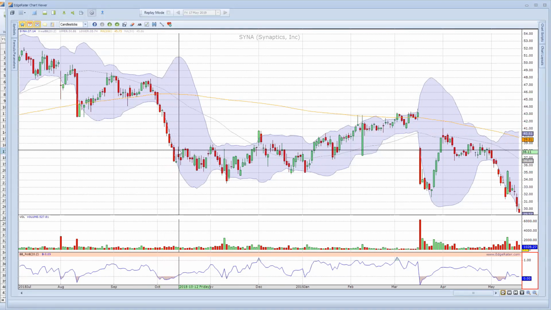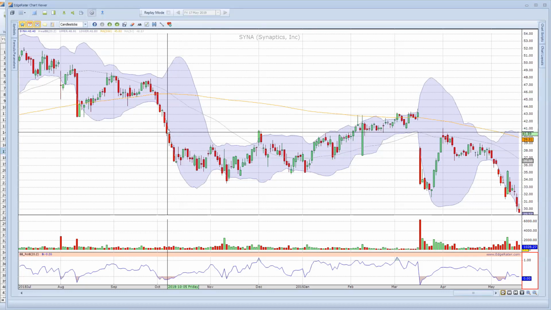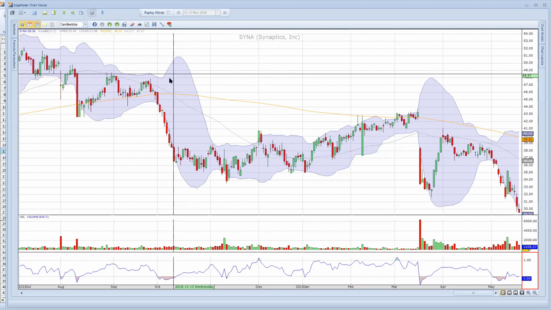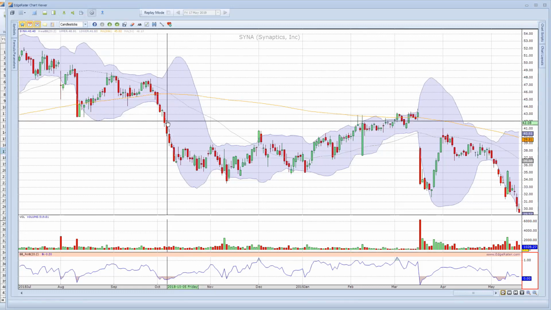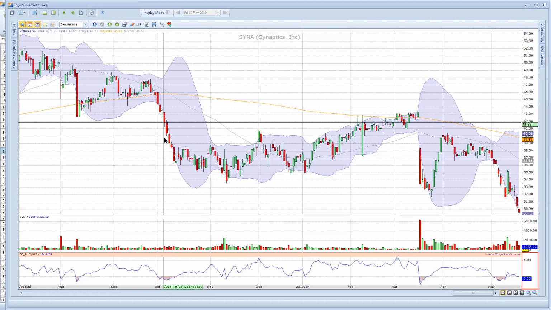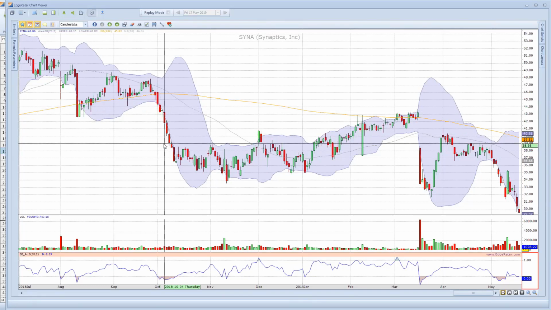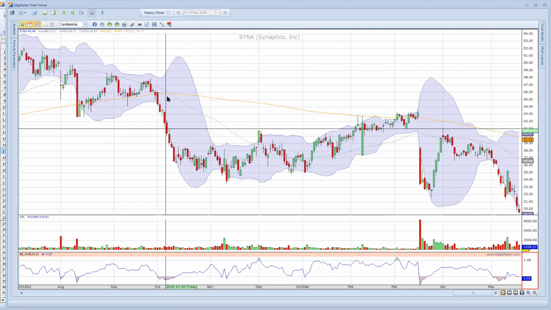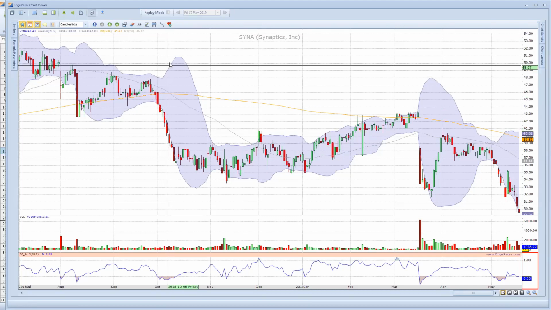Now, percent B buckets really divide that band width into 10 deciles. And with an extra one added for below the lower band, that is your bucket 0. And above the upper band, that's your bucket 11.